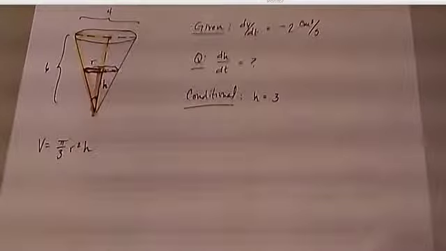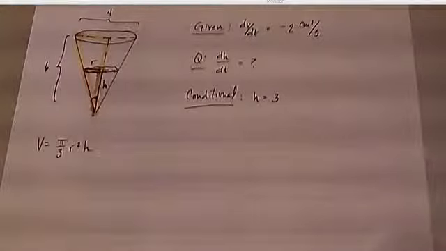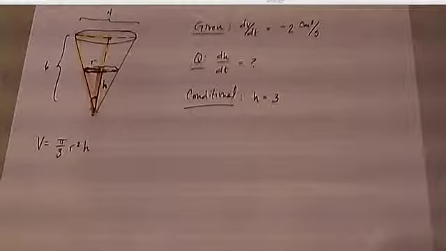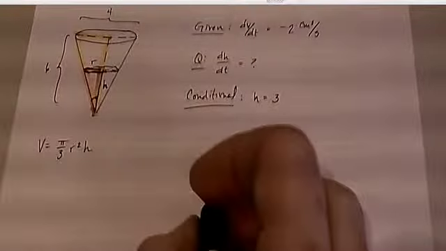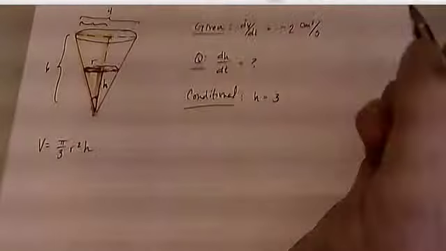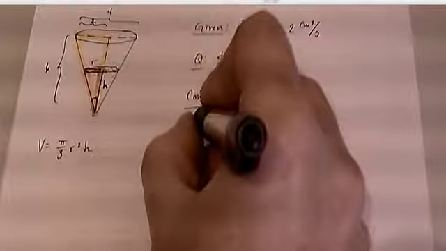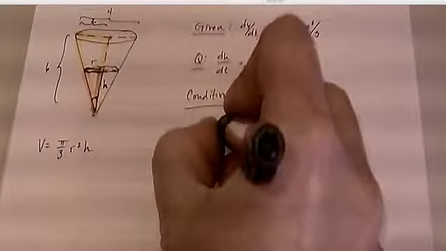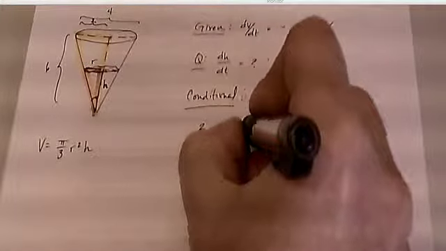But I don't want to deal with that, okay? Largely because if I do, I'm going to have three variables, okay? But I happen to know that if I'm dealing with similar triangles, if the top diameter is 4, then the radius is 2. And therefore, I know that 2 to 6 is equal to r to h.